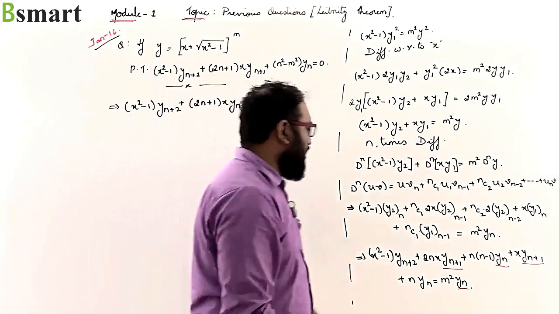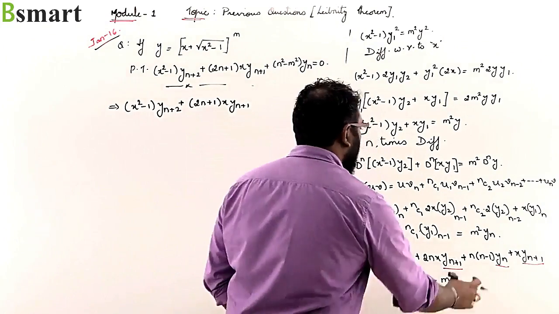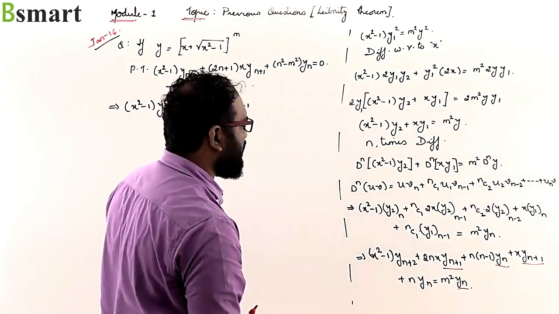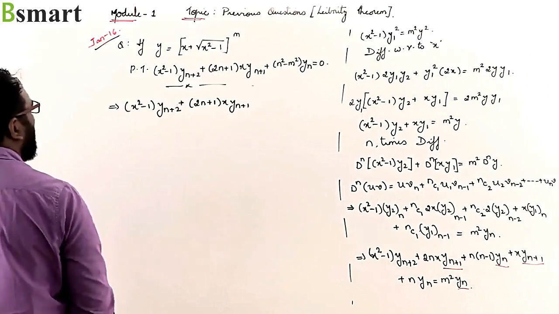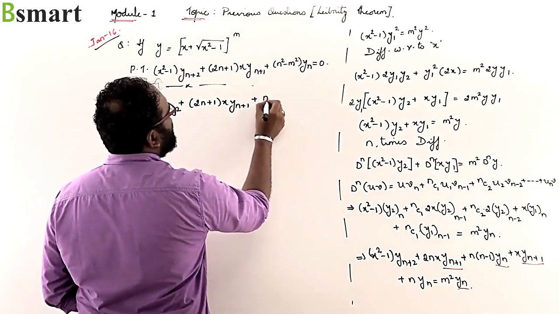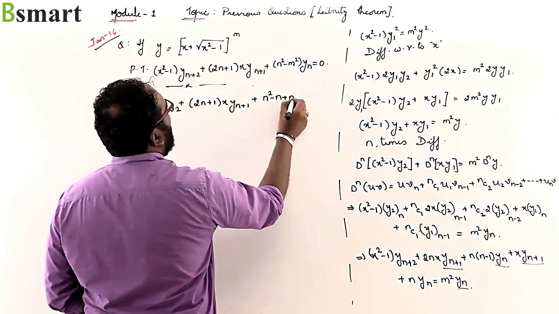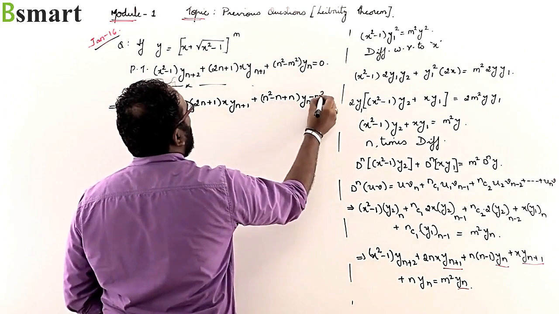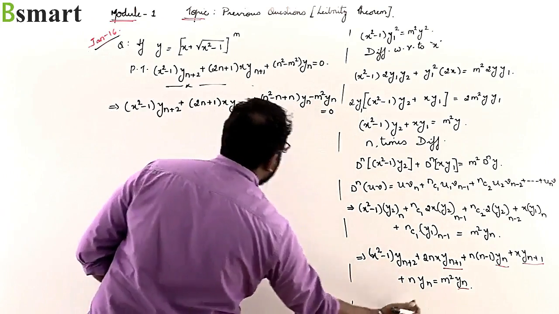And again, I'll bring m² this side, or otherwise first let us take yₙ common. So then that will be plus n² − n + n into yₙ minus m² yₙ is equal to 0. So I brought this term this side.